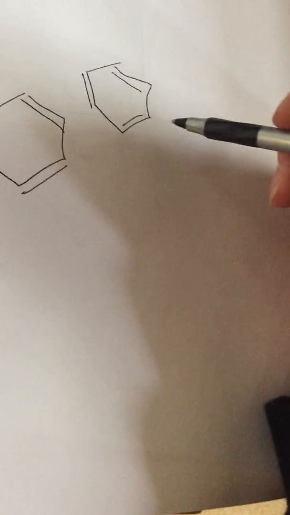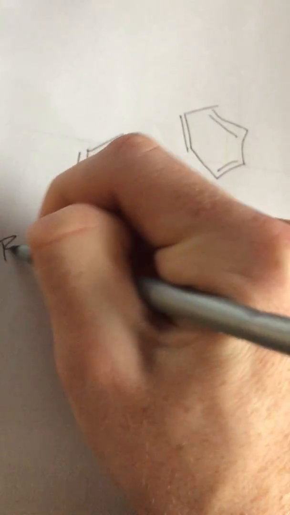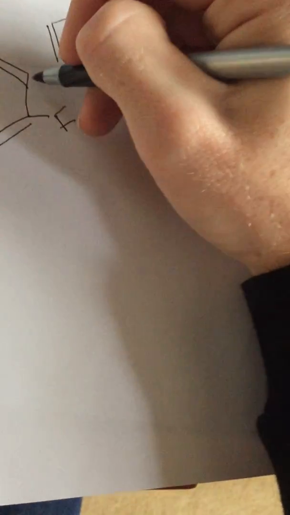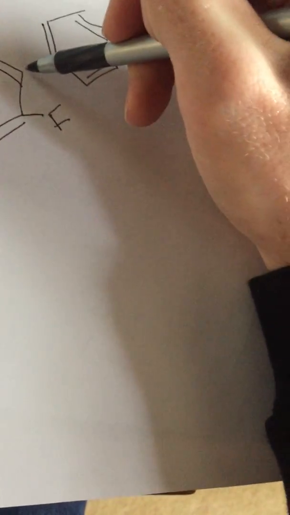And there's 8 hydrogens. So let's stick on a bromine somewhere. Let's stick on a fluorine. And then let's connect these two with a bond.